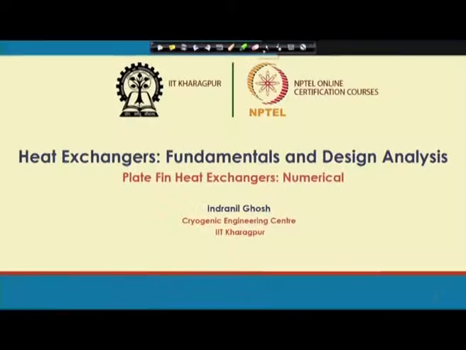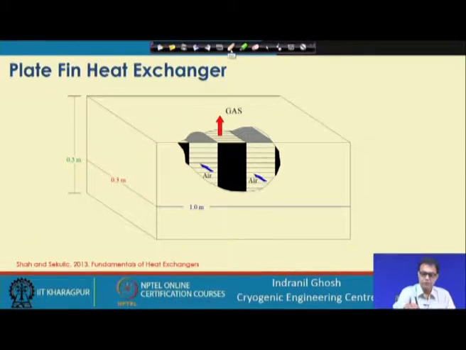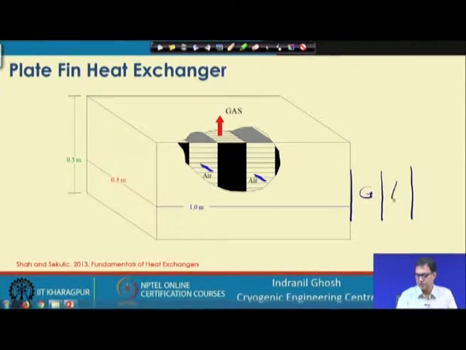While trying to do that, we will find that we have alternative layers of air and gas. Say we have the gas stream, which we call G. Then we have one passage designated for G, the next passage designated for air, then again G, then air.